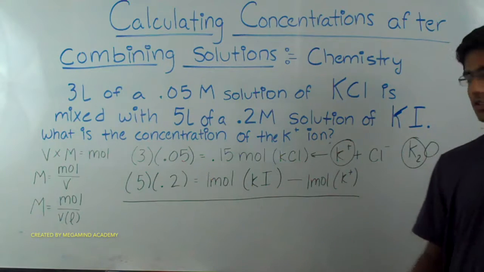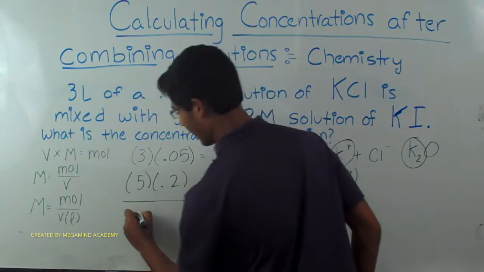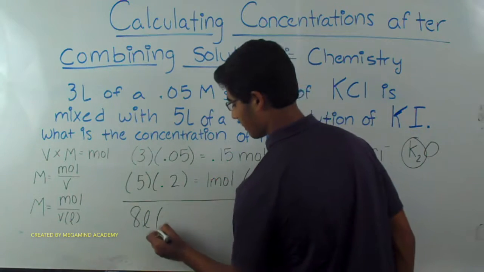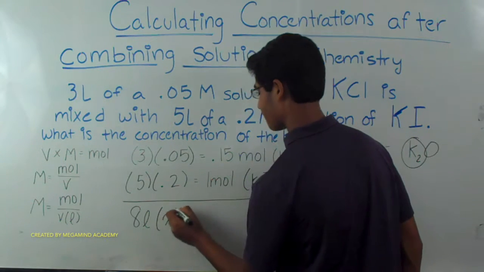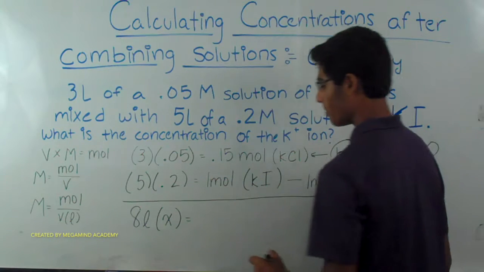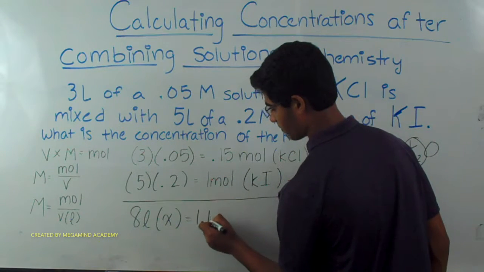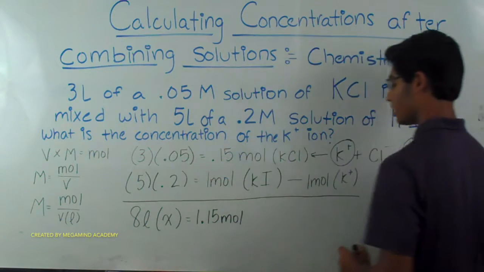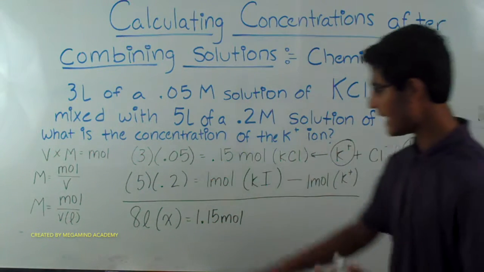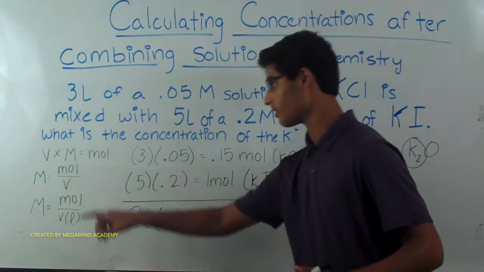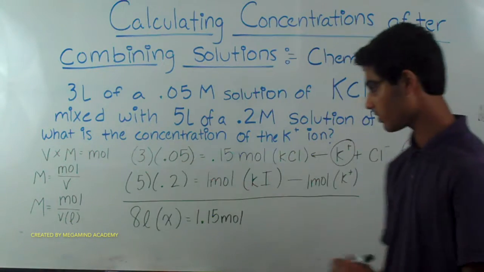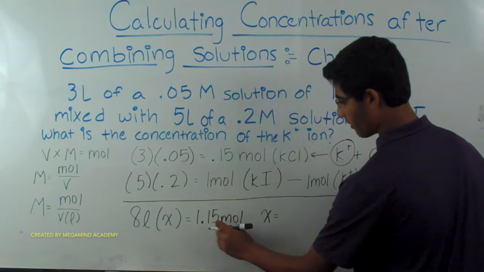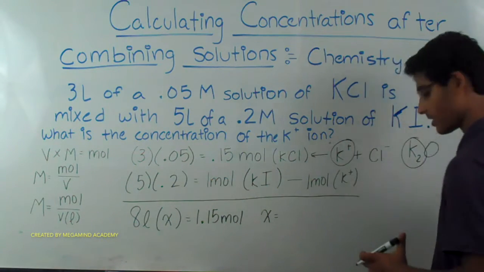In our new solution we have 8 liters of some aqueous solution times some molarity, let's say X, is equal to 1.15 moles of K plus. To find X, from the volume times molarity equals moles formula, we do 1.15 moles divided by 8 liters.